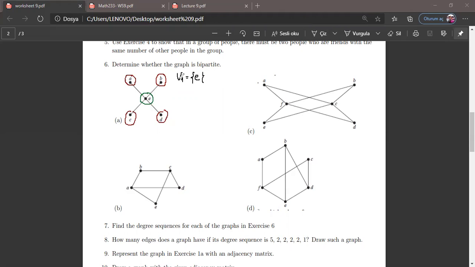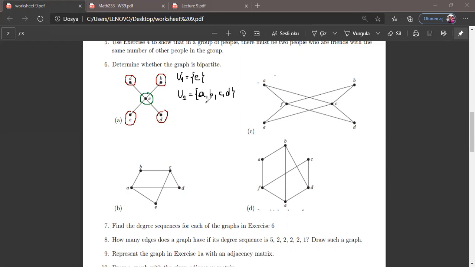It contains only the vertices with green, which is E only. And what about V2? It contains the other ones, the red ones: A, B, C, and D. Of course V1 has no two vertices as a pair, so we don't need to check that.